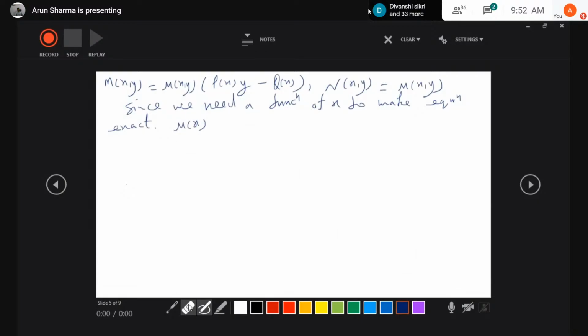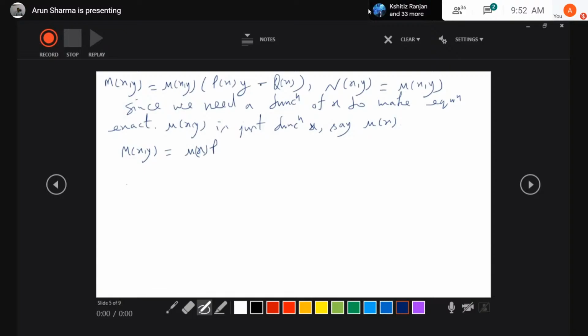So we will consider mu xy as just a function of x, say mu x.